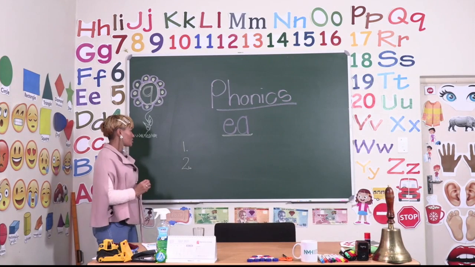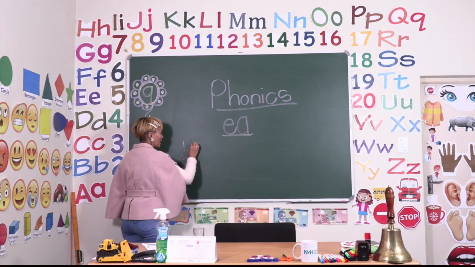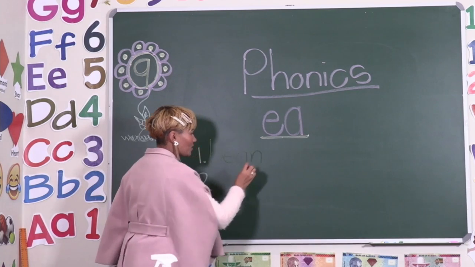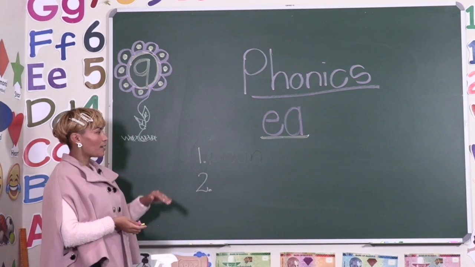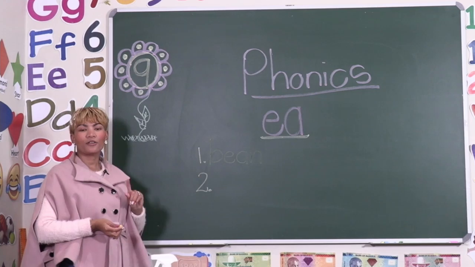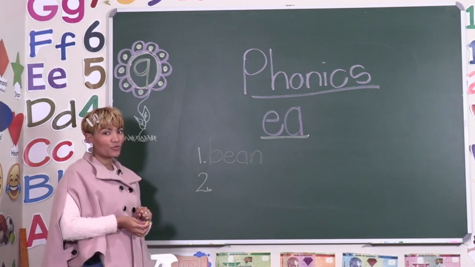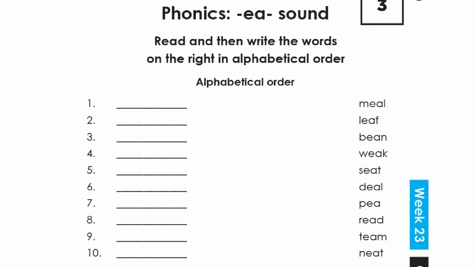So the word that starts with the letter B is the word bean. So that means the word bean is our first word. Let's go back to the list of words and see, do we have a word that starts with the letter C?